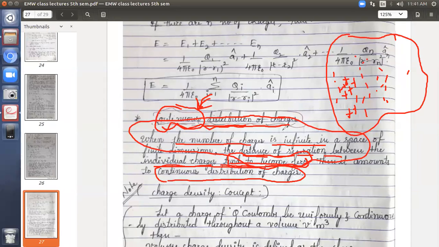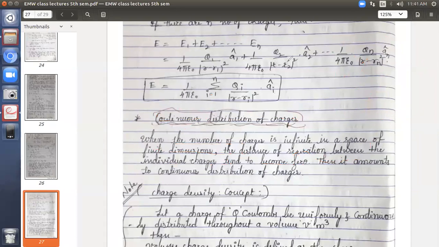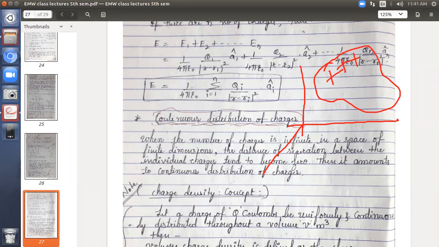Let me try to make you understand. If there is a three-dimensional space, assume it is your classroom, there are many charges spread. Here I am showing you positive signs. You can take negative also, just to show you very compact charges kept in the space.